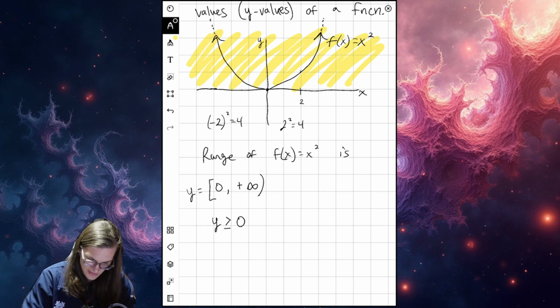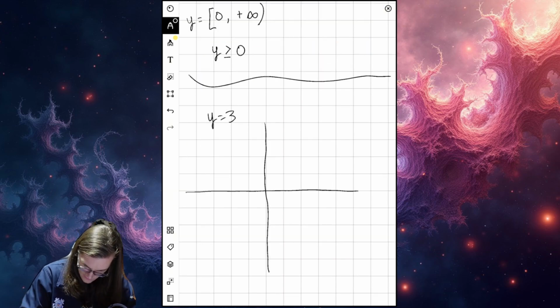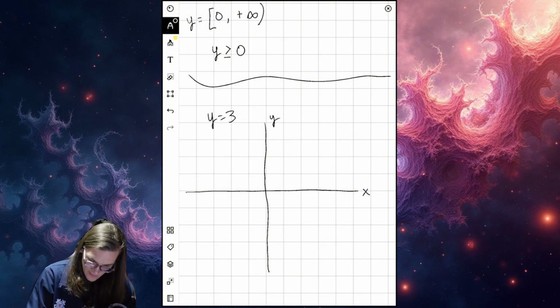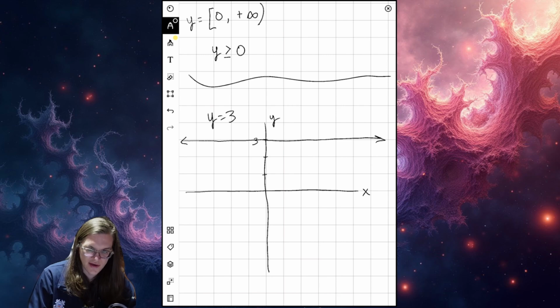And one more good example would be, what is the range of y equals 3? That's an interesting one. Do you know how y equals 3 looks? It's 1, 2, 3, so there's 3. Y equals 3 looks like this. It's just a horizontal line at y equals 3. So it goes off in both directions infinitely. That means its domain would include all of the reals.